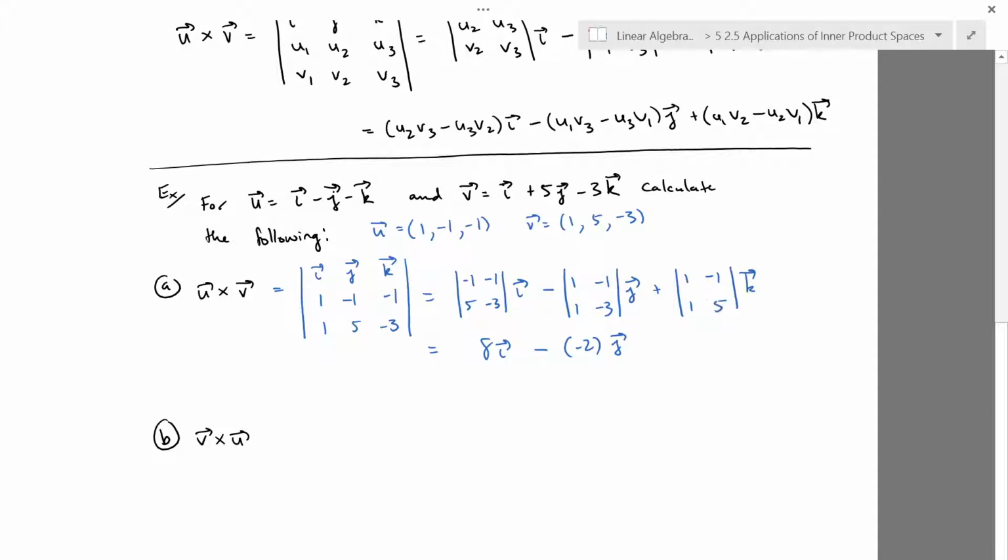And the last one is 5 minus a negative 1, which is 5 plus 1, which is 6. So then it's 8i, then minus minus becomes a plus, so plus 2j plus 6k. Written just as coordinates, this is 8, 2, 6. So this is what we get for u cross v.